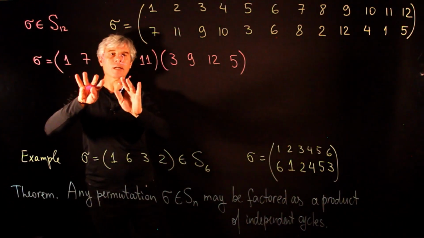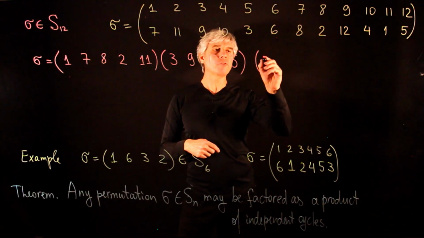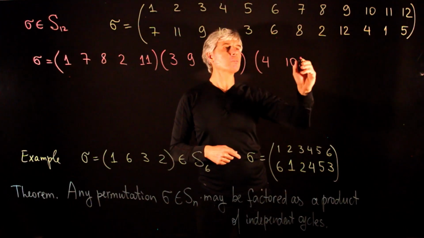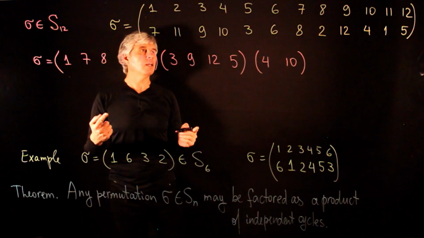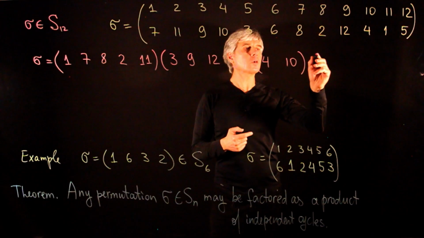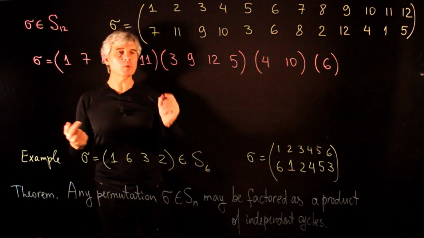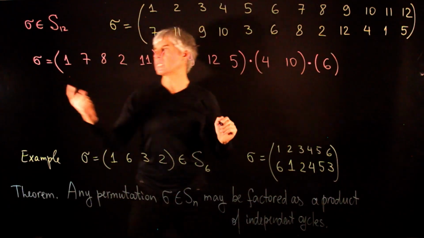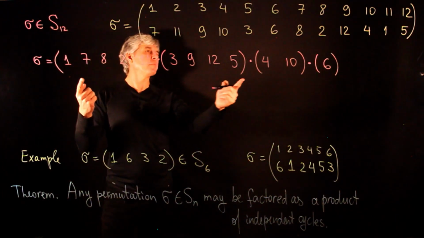Now, did we cover everything? So no, we don't have a 4 here. So we have 4 that goes to 10, and 10 goes back to 4. So this completes this cycle. And the last element which is not here is the element 6, which forms a cycle of length 1 on its own. And so what we see is that this permutation sigma can be thought of as a product of these 4 cycles.